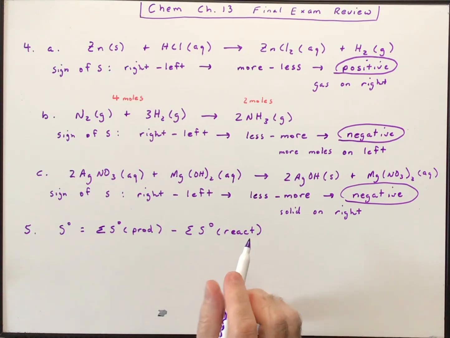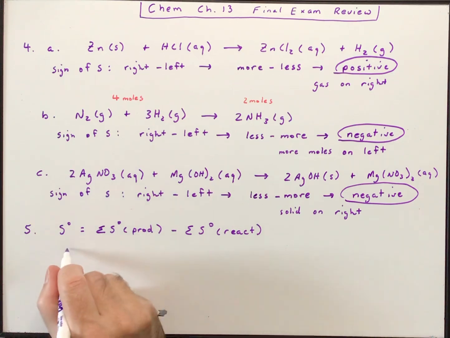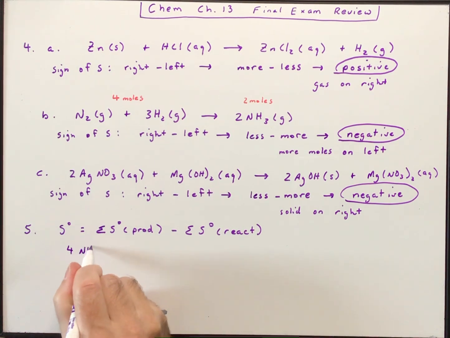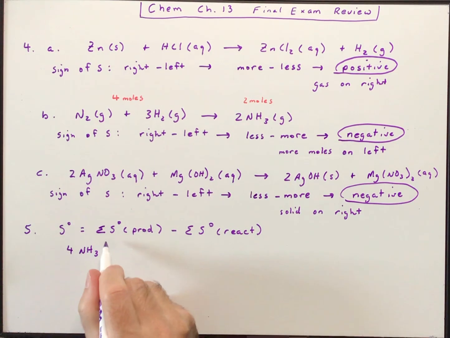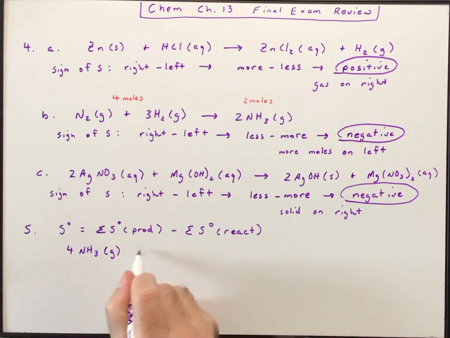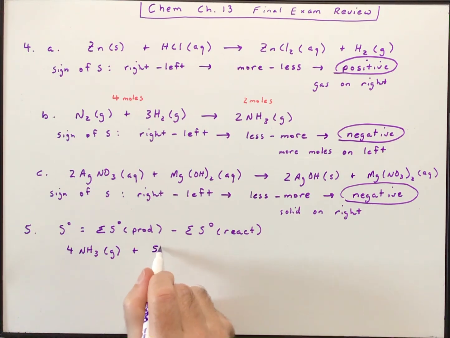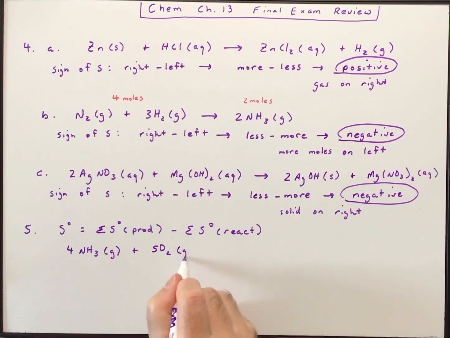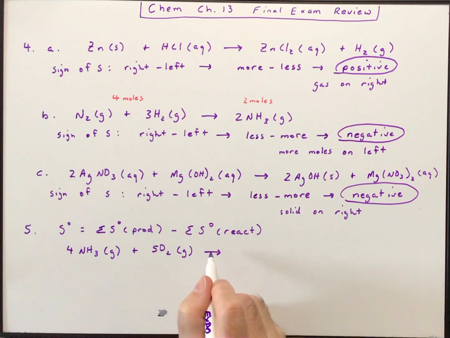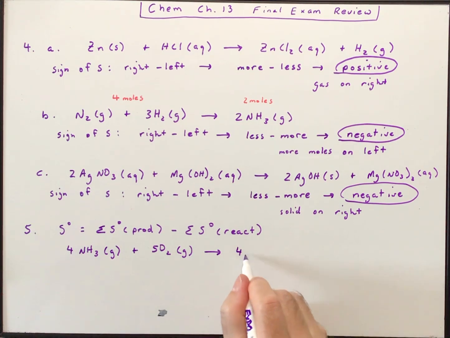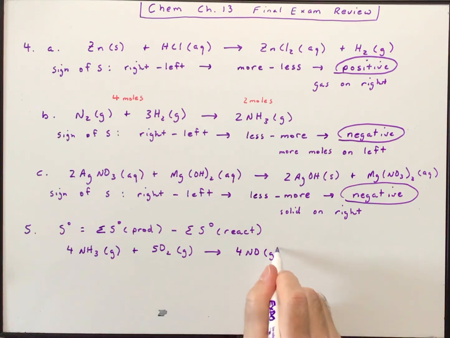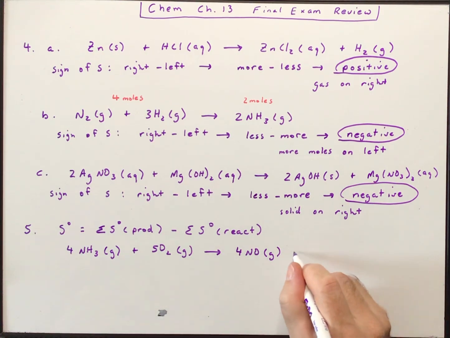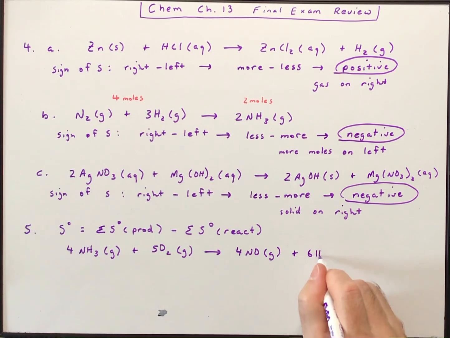Okay, so we have been given this equation, 4NH3, so that's ammonia gas, plus 5O2 gas. That yields 4NO gas plus 6H2O gas.